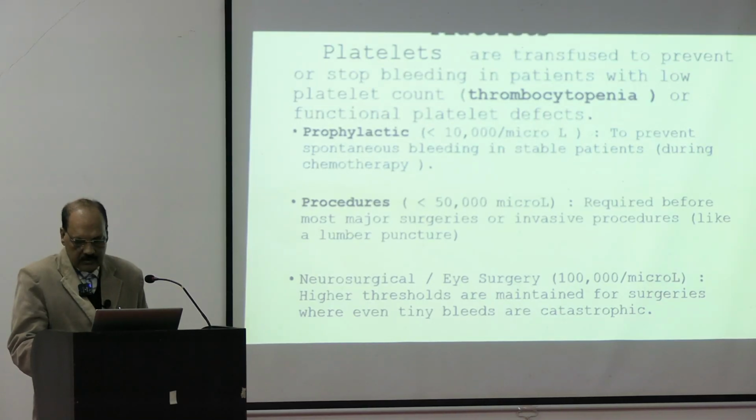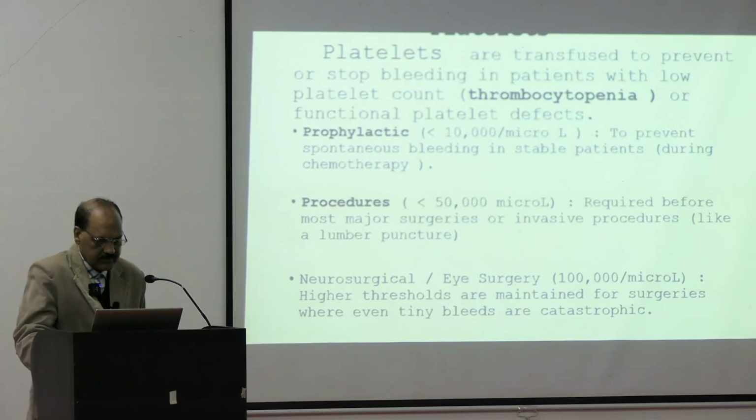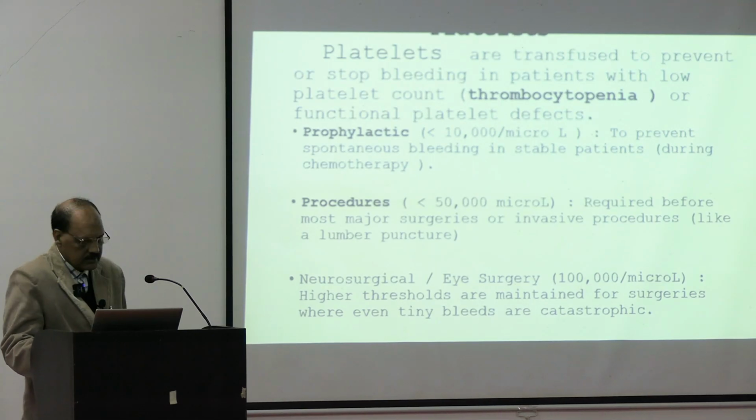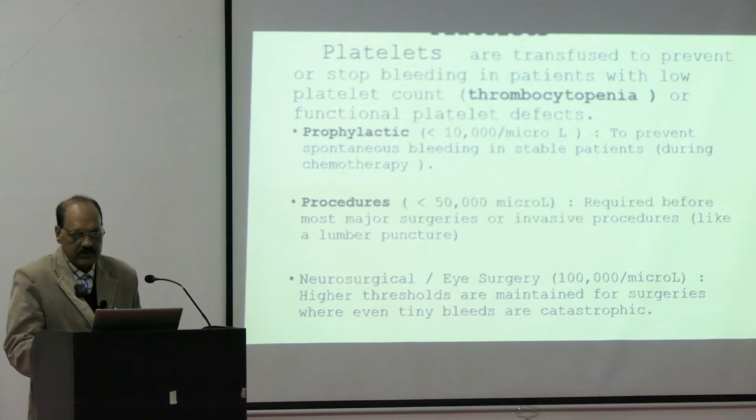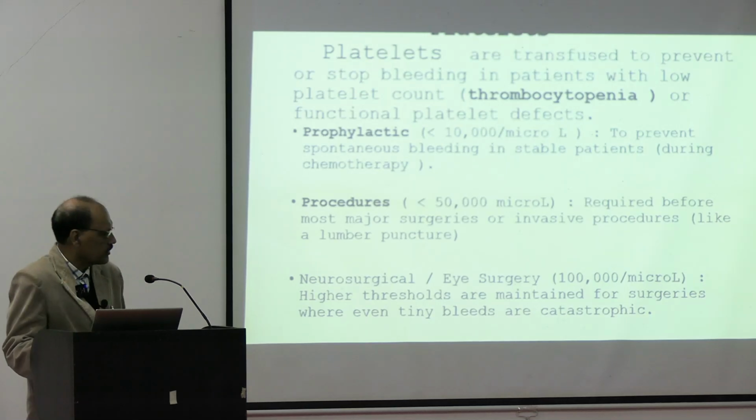We have to give platelets in those patients. Usually we give prophylactically if the platelet level is 10,000 per microliter, to prevent spontaneous bleeding or in stable patients during chemotherapy. Usually we will give the patient platelets when we give chemotherapy in a cancer patient.